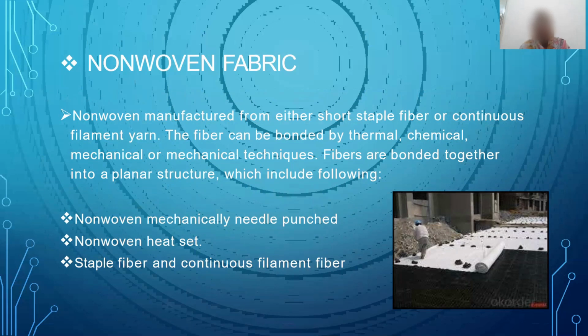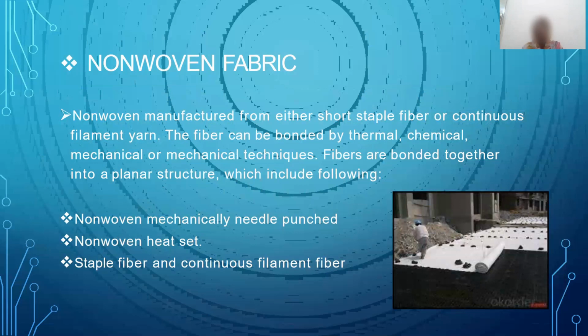The fibers can be bonded by thermal, chemical, or mechanical techniques. Fibers are bonded together into a planar structure which includes the following. Number one is non-woven mechanically needle punched. It means that these are felt-like and very flexible, having a fibrous network with distinct pores.